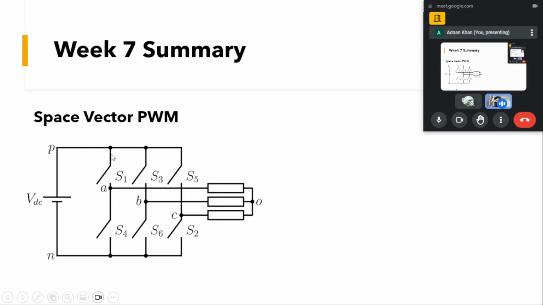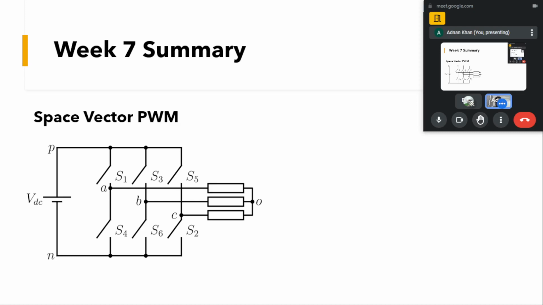As you can see, we have a three-phase inverter which comprises three legs, named A, B and C, which make up the three phases of a balanced three-phase system. VAO will be our load phase voltage, and VBO and VCO subsequently for the B phase and the C phase, which will be phase shifted from one another by 120 degrees.